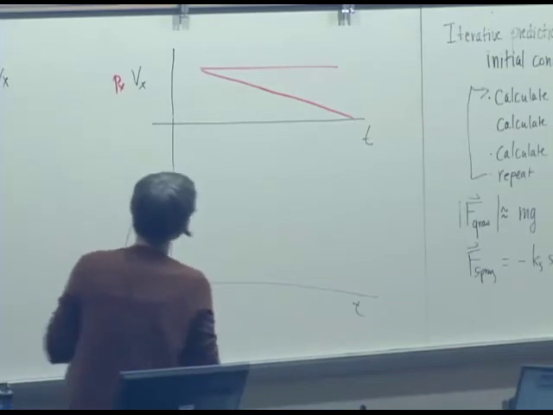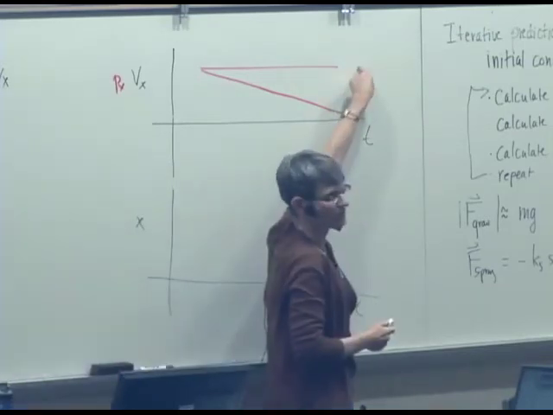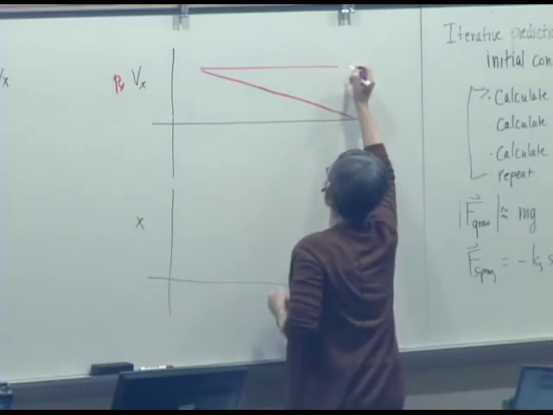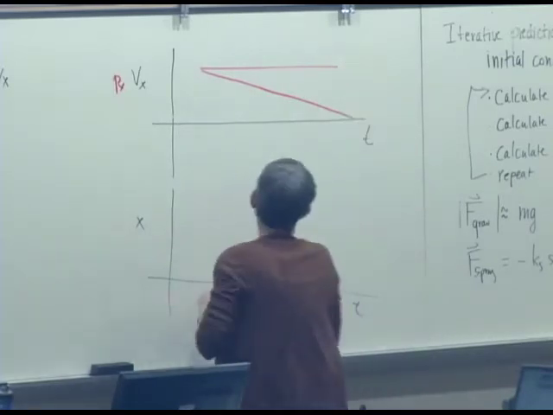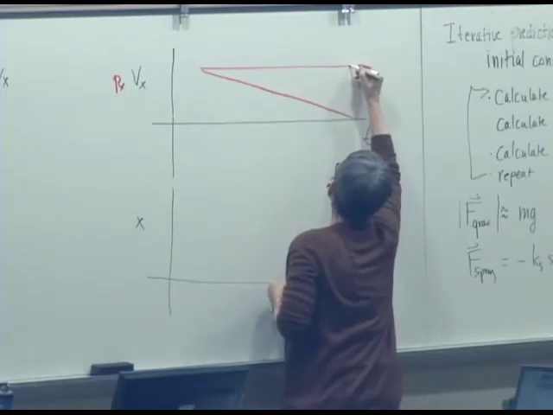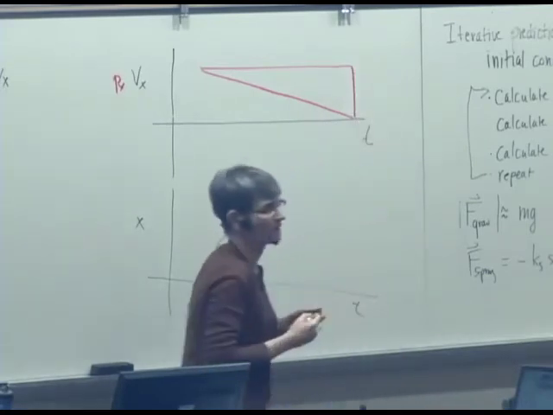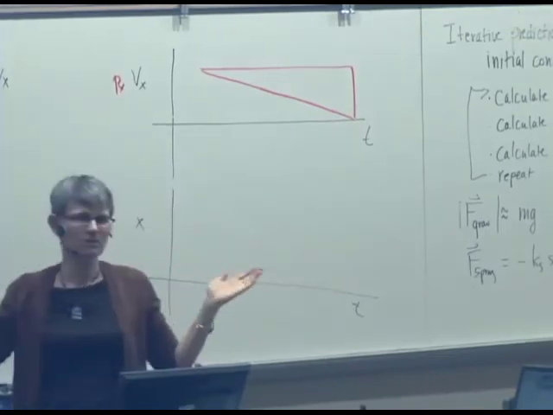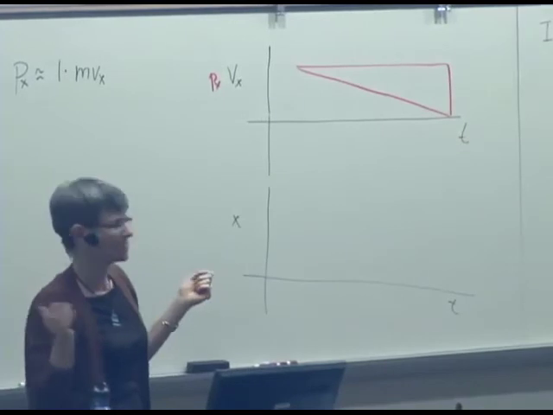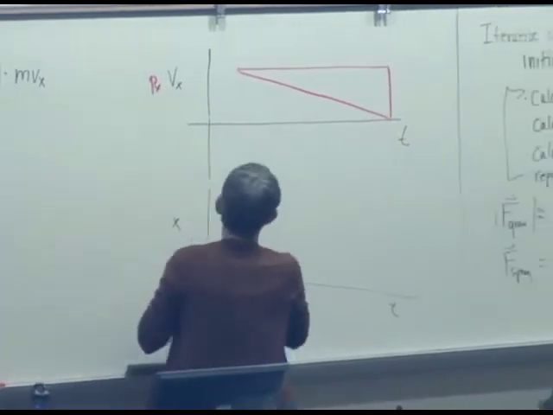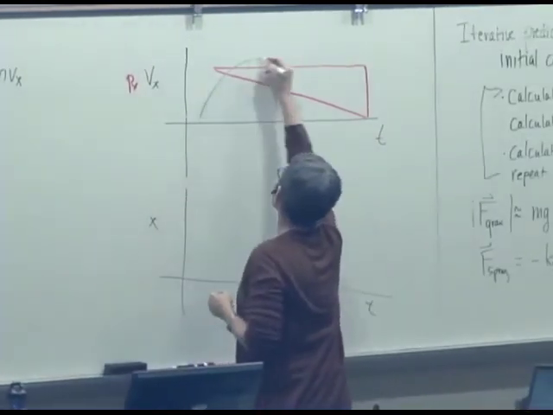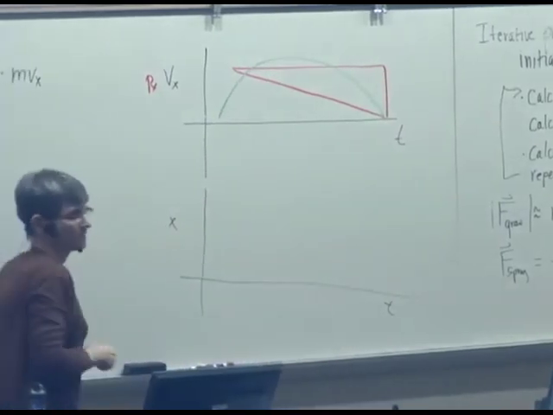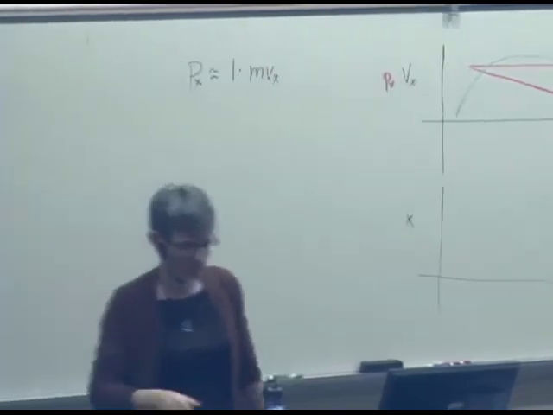Okay, so nearly constant, but then why would it drop down to 0? Because it hits the end. Okay, so you're saying that it might look like that. What else are possibilities? Okay, so maybe it'll look like that. It could look like that. Okay, so let's see what we get.